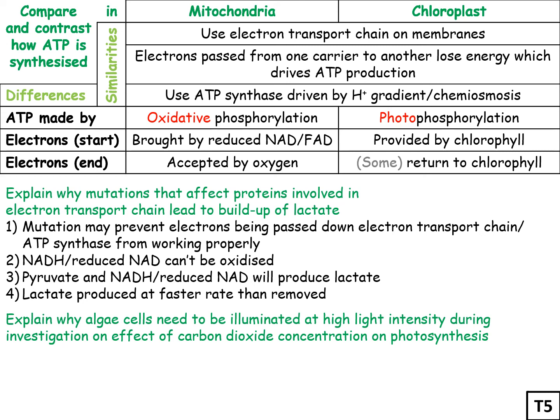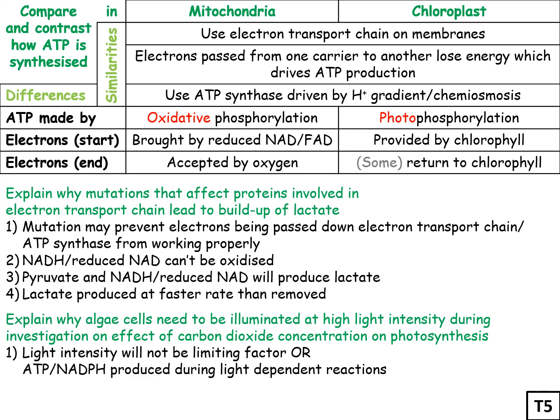Explain why algae cells need to be illuminated at high light intensity during an investigation on the effect of carbon dioxide concentration on photosynthesis. If we want to see how carbon dioxide concentration affects photosynthesis, we need to make sure that the light intensity is very high. Why do we need to make sure that happens? Because then the light intensity will not be a limiting factor, and the reason you don't want light intensity to be a limiting factor is because light is involved in producing ATP and reduced NADP, which are produced in the light-dependent reactions.